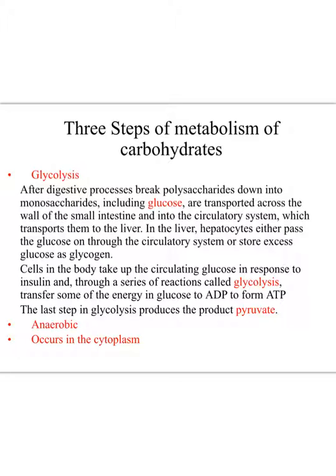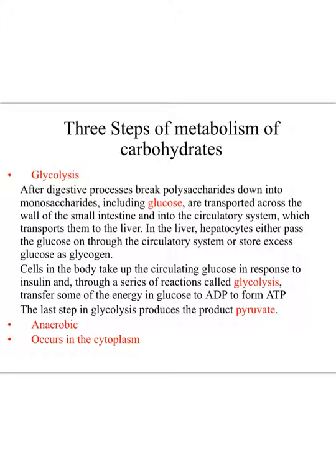After you've consumed food and it's been broken down in the digestive tract, the glucose is going to be transported into the circulatory system, into the bloodstream. At that point, it's going to be going through the liver, and it's either going to be stored there in the form of glycogen, remember the animal-based form of carbohydrate, polysaccharides, or it's going to be used by the cells as it continues through the circulation.